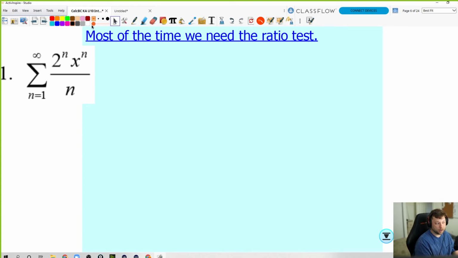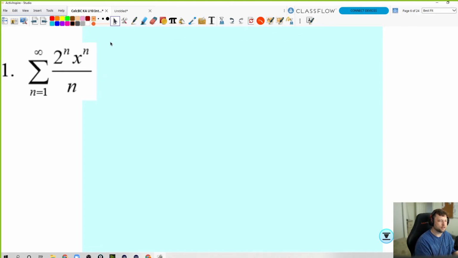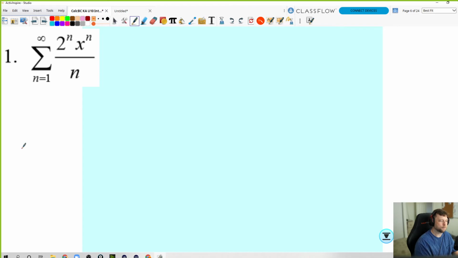If you could recognize it was a geometric series, you could have just done it as a geometric series. But let's apply this with the ratio test right here. All right, interval of convergence. And I also didn't check the endpoints over there. It was geometric, I didn't have to, but I'll do it for this case. So let's do this problem.